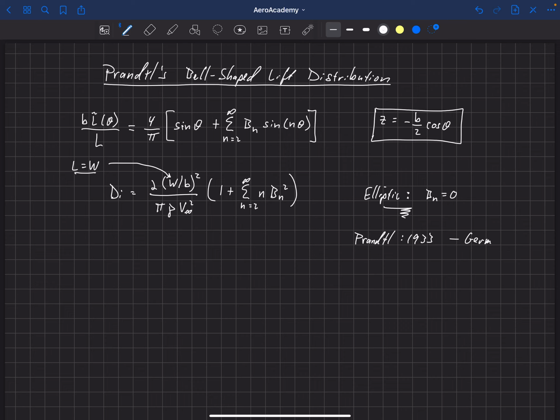By the way, this publication was all in German. Of course, most of his publications at the time were in German, but unfortunately it was never officially translated. A lot of his other work was translated into English, but this particular publication was never officially translated and published in English until recently.